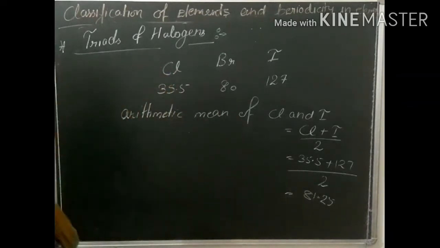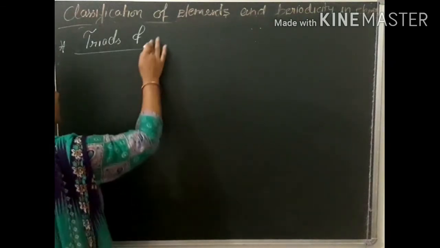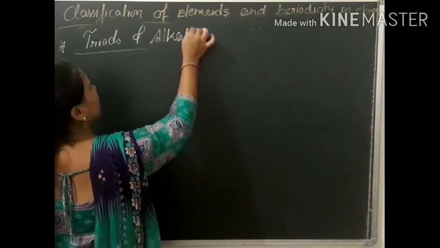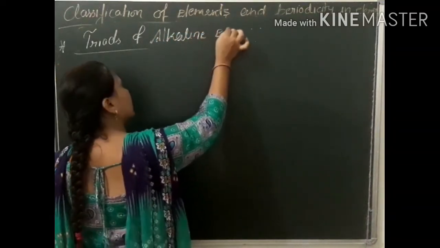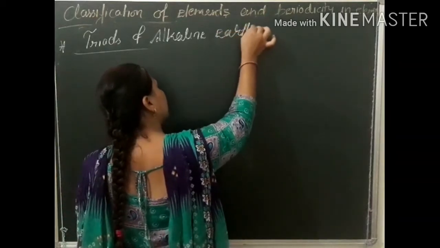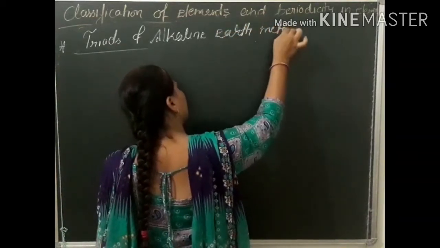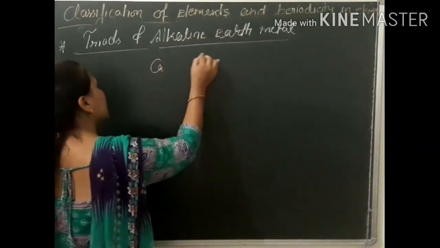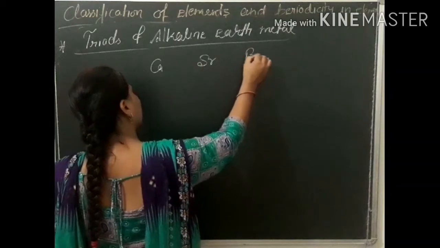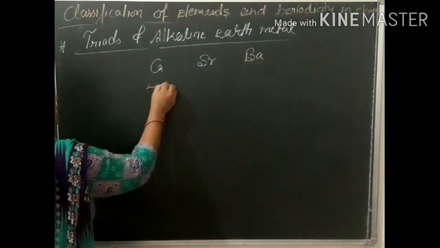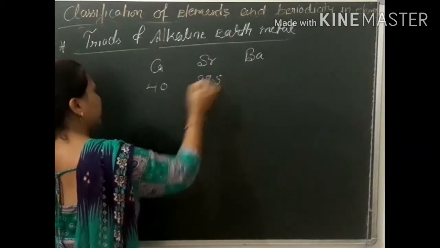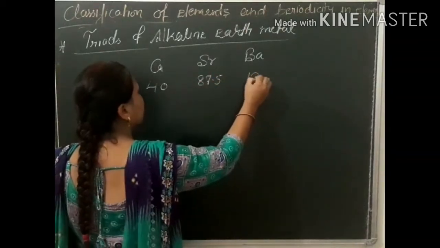And now he gave the next triad, of alkaline earth metals, that is calcium, strontium and barium. The mass of calcium is 40, the mass of strontium is 87.5, and barium is 137.